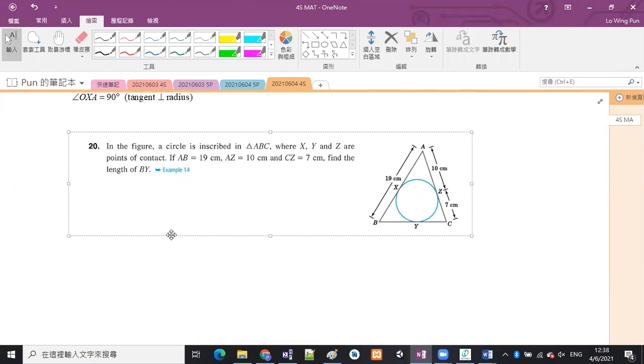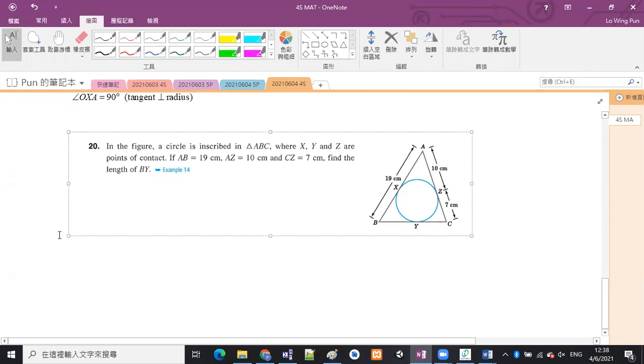All the sides are tangents to the circle. Okay, and then AB is 19 cm and so on. Find the length of BY. So I want to find the length of BY.